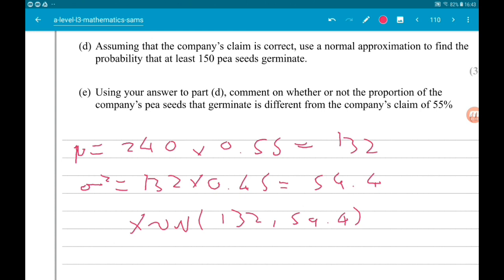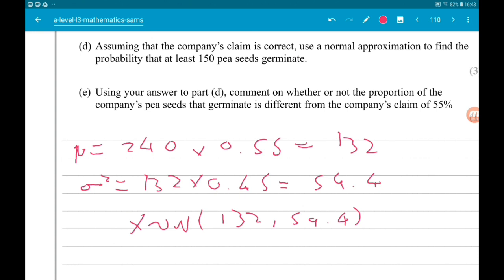So, we then want the probability that at least 150 seeds germinated. Now, because we are now using the normal distribution, we are thinking of the number of seeds as continuous.